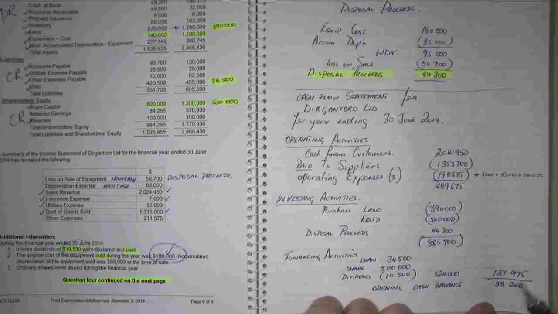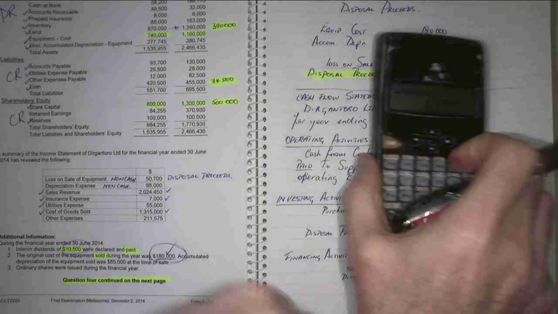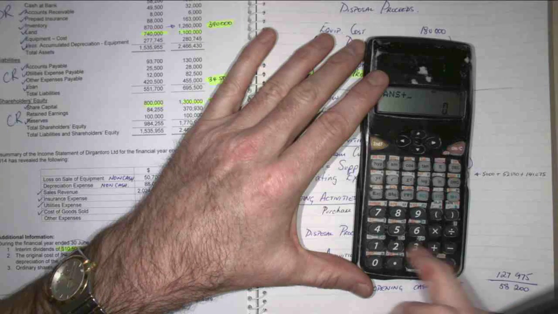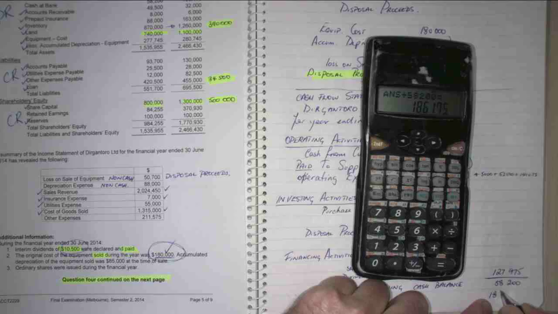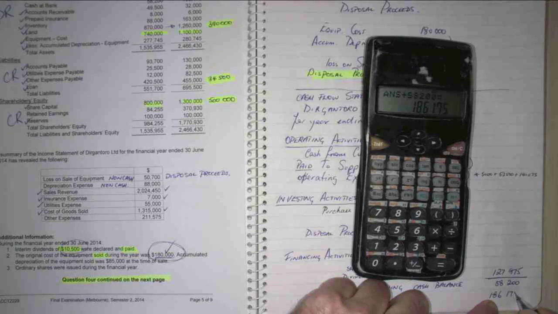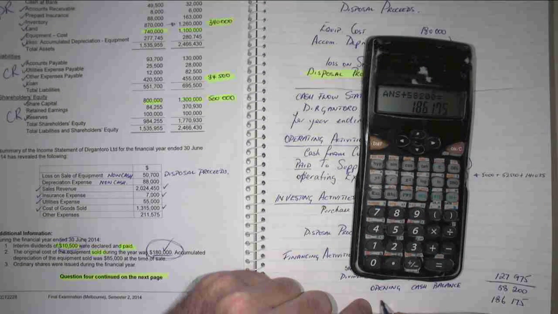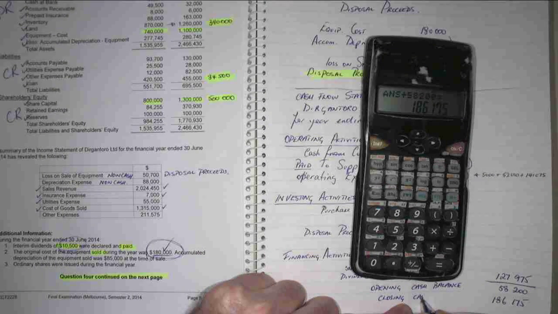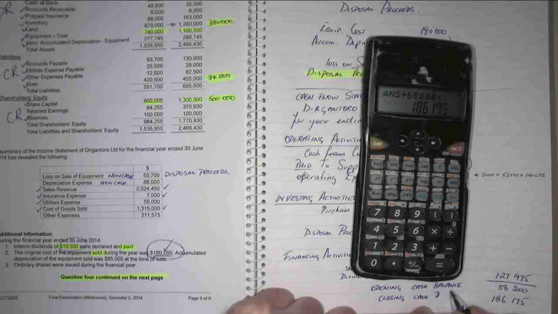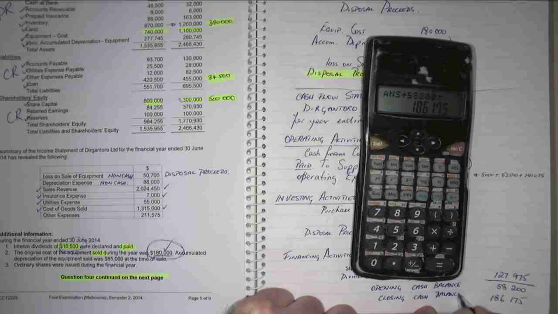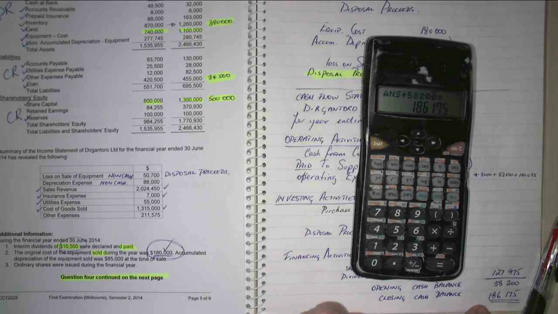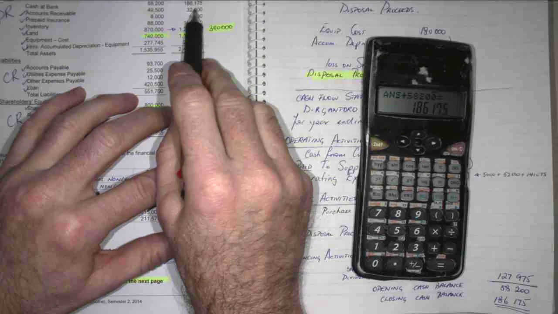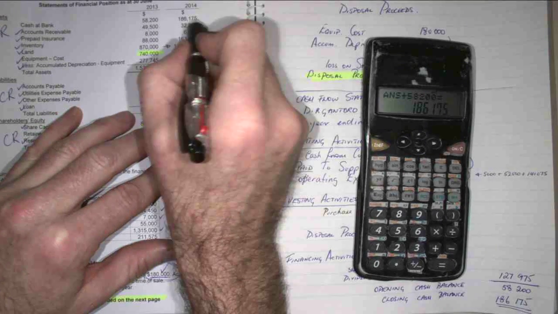And if I add my two numbers together down here, plus 58,200 gives me 186,175, and that'll be my closing cash. So my closing cash balance. And that should agree with my cash balance that's here, 186,175.